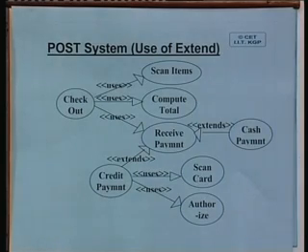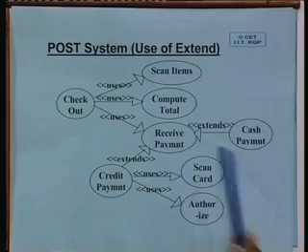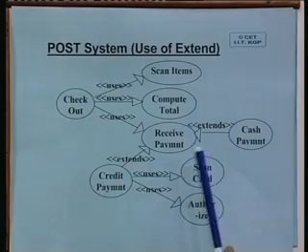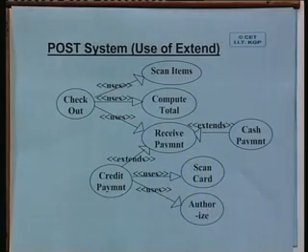See, if the extend facility was not there, try to understand, when it comes to the receive payment, you do not know whether it is through credit or through cash. Then instead of one diagram, you may have to draw two diagrams, alright. You may have to write, if it is credit payment, then this diagram, if it is cash payment, then it is this diagram.